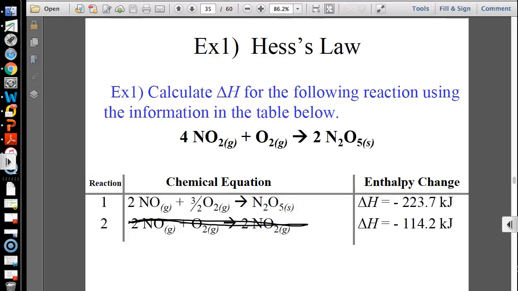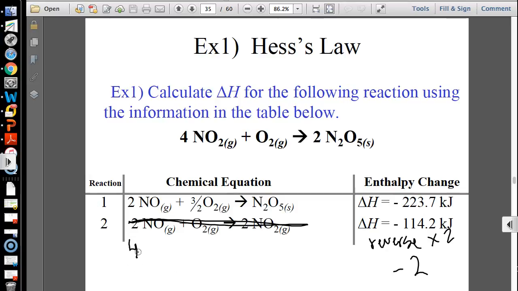So not only do I know that it has to be reversed, I know that it has to be multiplied by 2. Is there any other way that I could get that 4 there? No, there's no way. So I'm going to reverse it, and then I have to times it by 2. So that means I'm going to times it by -2. Are you okay with that? I mean, I might have to do other stuff to it, but that so far is what I'm doing.